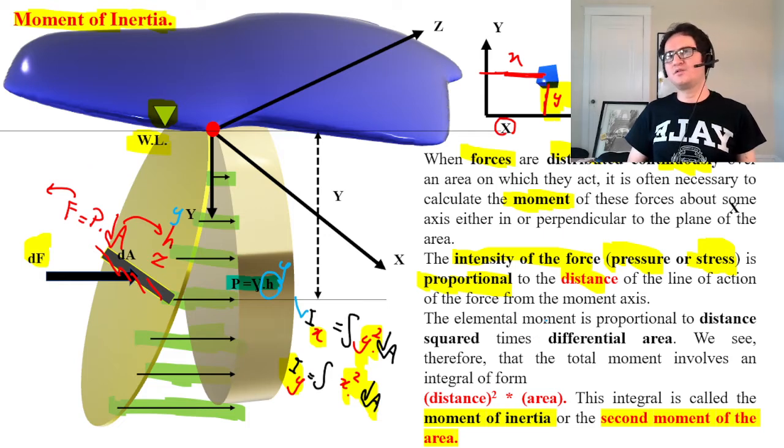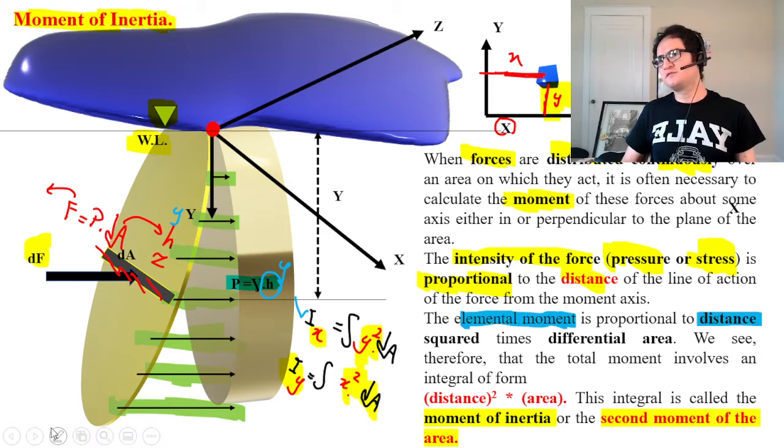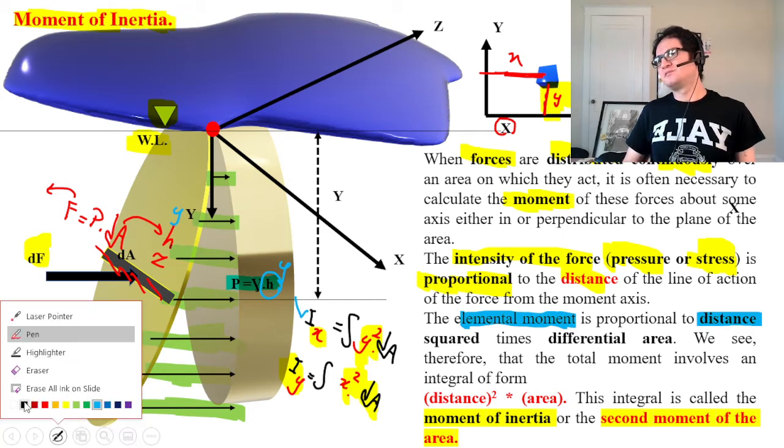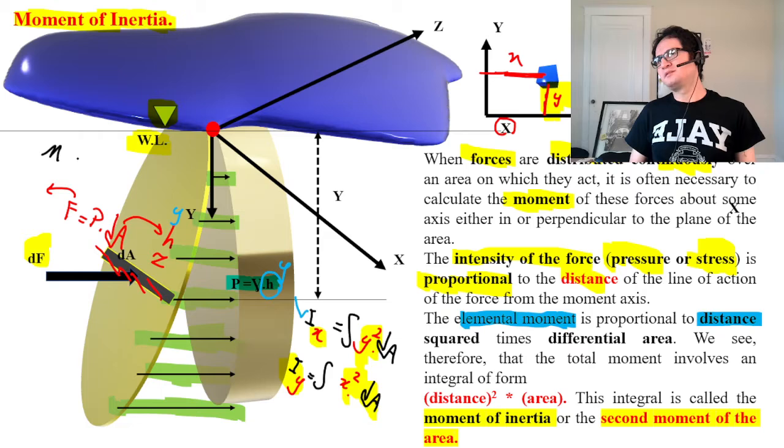Because we are working with the moment of those forces, the elemental moment of dF, as you can easily see, moment is force times distance, and that distance can go by y, and that's the second y.